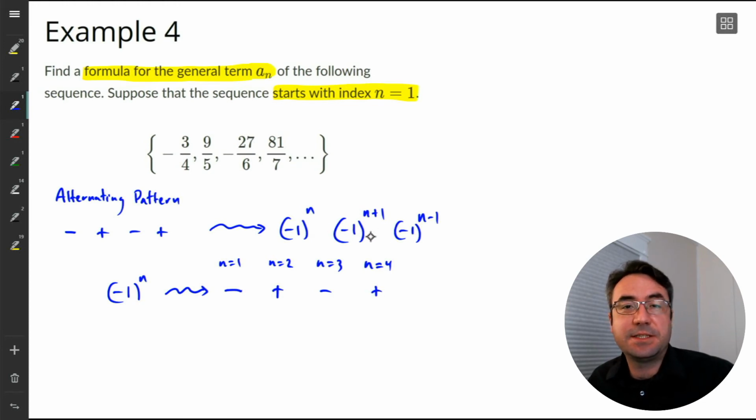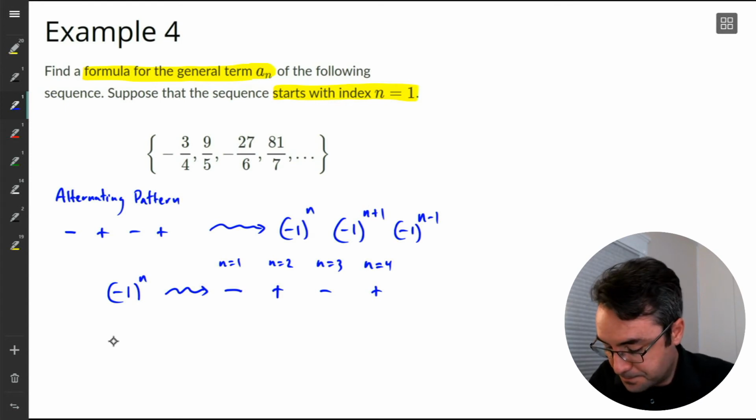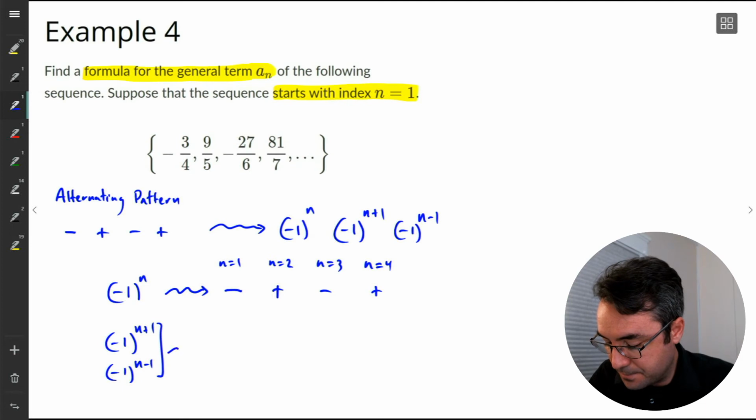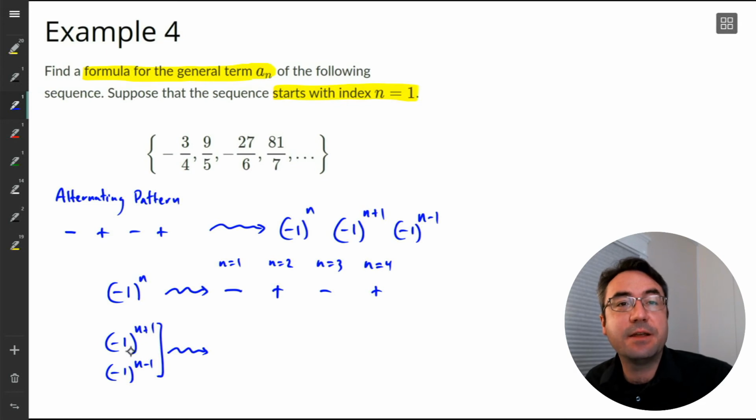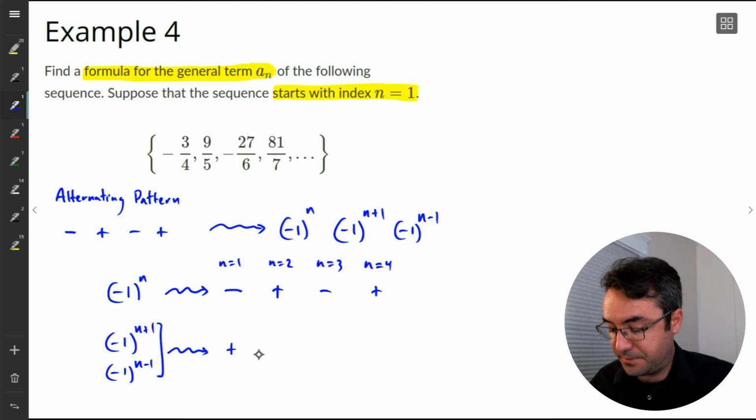Just out of curiosity, let's see what happens when we look at -1 raised to the n plus 1, and for that matter, -1 raised to the n minus 1. These are going to give us the same thing. If I plug 1 into either of these, I'm going to end up with -1 raised to an even power, so that's going to be positive.